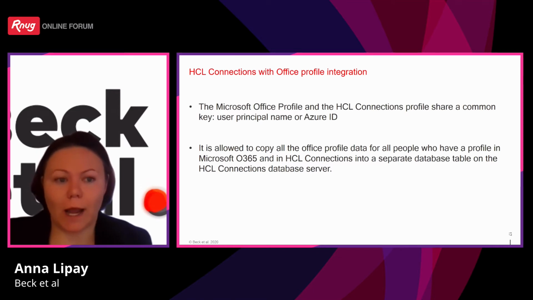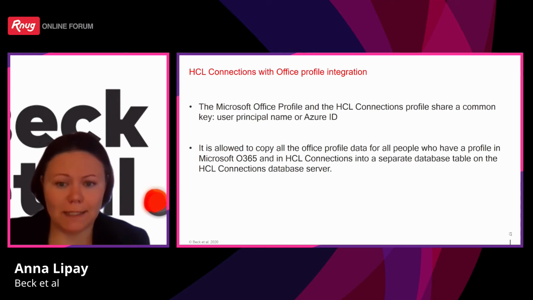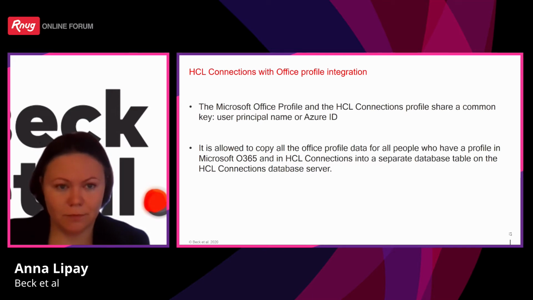This is either the user principal name or the Azure ID. This provides for copying all the Office profile data for all users who have a profile in Microsoft Office 365 and in HCL Connections into a separate database table on the HCL Connections database server. And this table is updated once an hour.